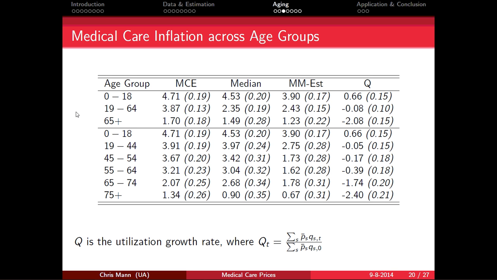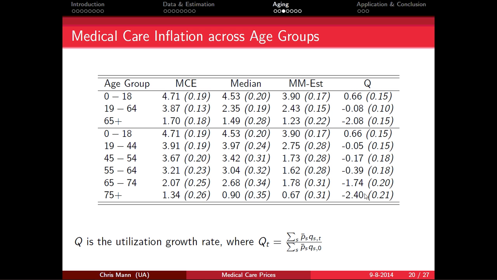As a person's getting older, right, or going to a different age group, then what's happening to the average inflation rate for that particular age group? It's actually falling, right? And that's because of the types of services or the types of treatments that they're actually receiving. And you see that across the median by using the estimator as well.